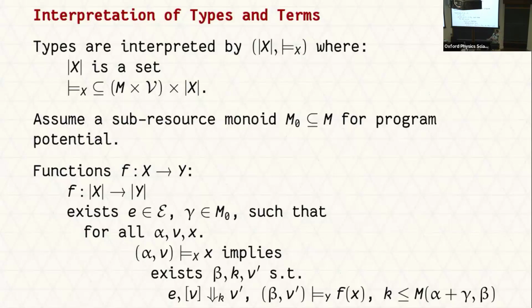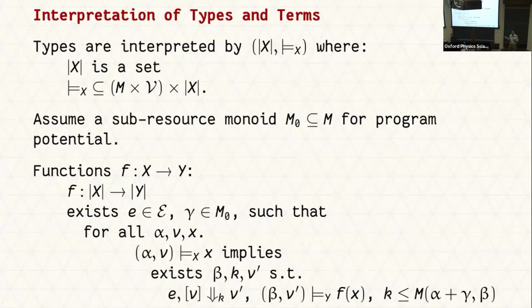And this is not like assembly, so we're not going to make sure that everything is realizable. This is quite important to how the system works. And then I said function, this should be a term. So a term is going to be realized by some function which tells you what the extensional behavior is, such that there exists an expression which implements that term, and then a potential in this sub-resource monoid for the program term.